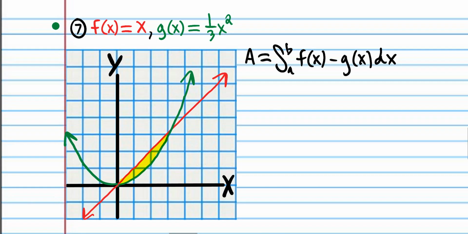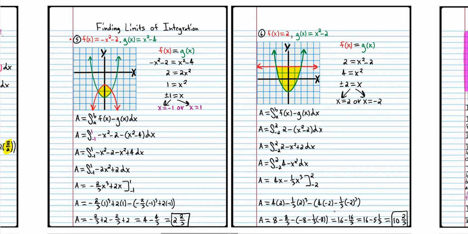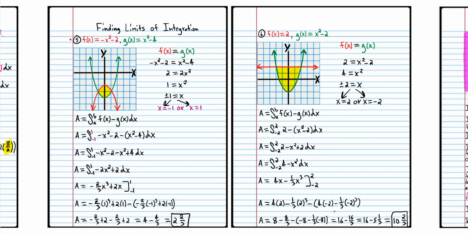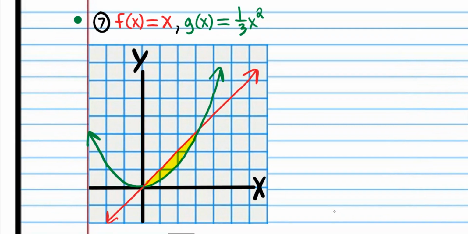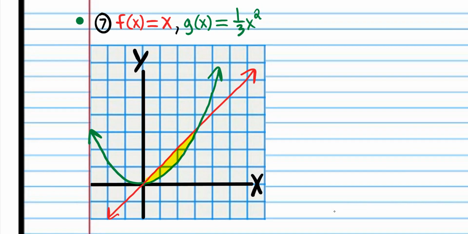When you come back, we'll do it together. So take a picture of these two problems and use them to help you with number 7. Now, in order to find the limits of integration, we have to solve for the x values of the points of intersection.